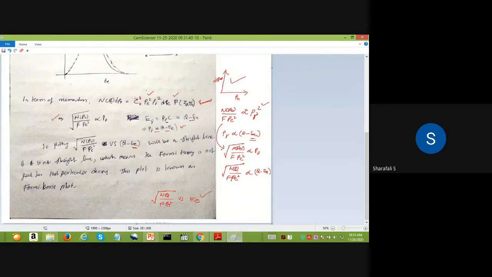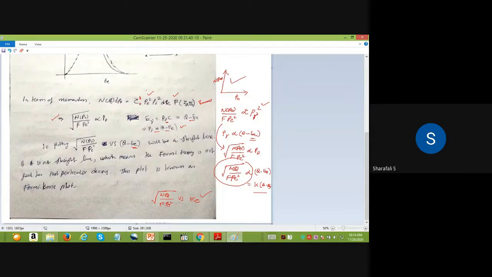If you plot that, then you will get a straight line. So you can understand that from this relation when you take this thing. Okay, so from this, this can be treated as some constant times this part. That means that it will give you a straight line equation. Okay, so it is like y equal to mx plus c or something. So that c will be your shifting part.